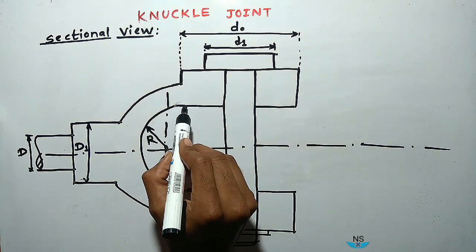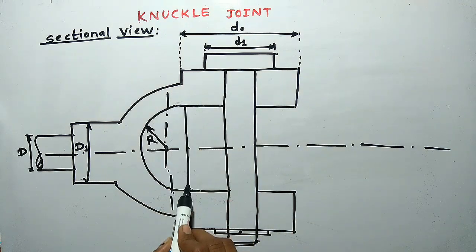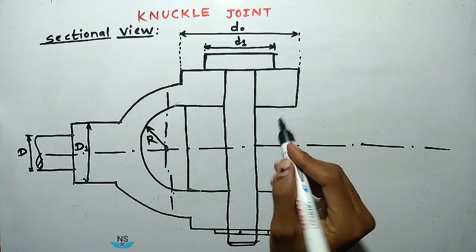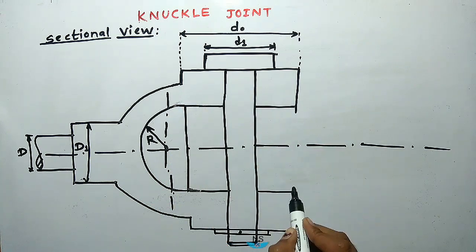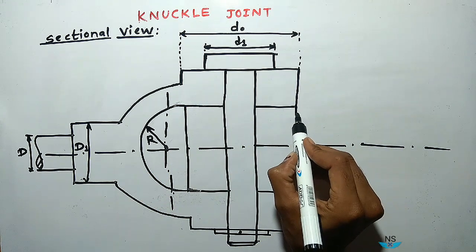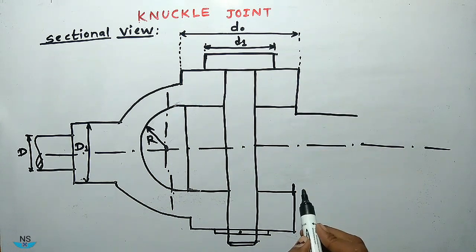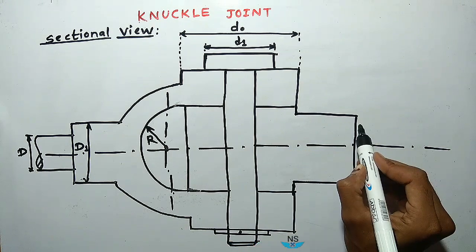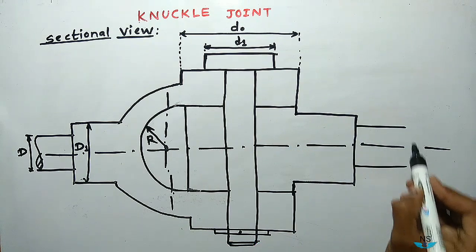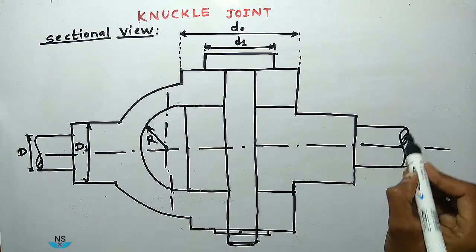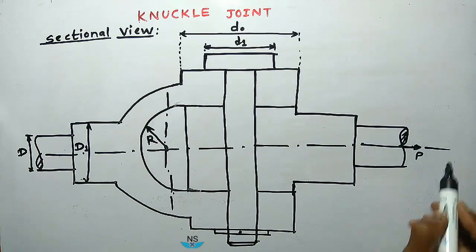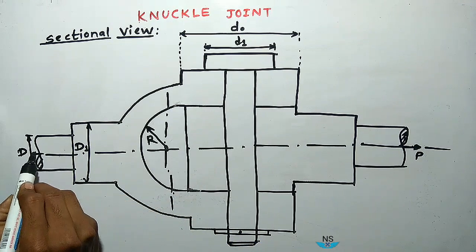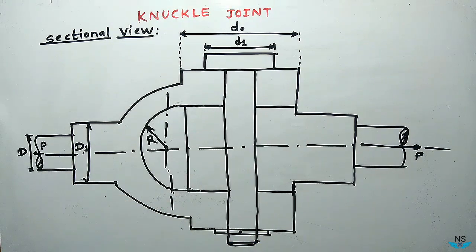Now this is our eye. The eye fits inside the fork. Now this is the enlarged diameter, and this is the diameter of rod B. This is force P. This is also force P.